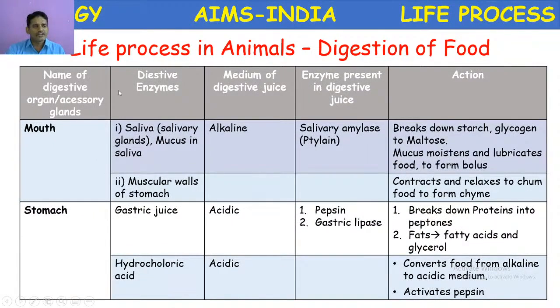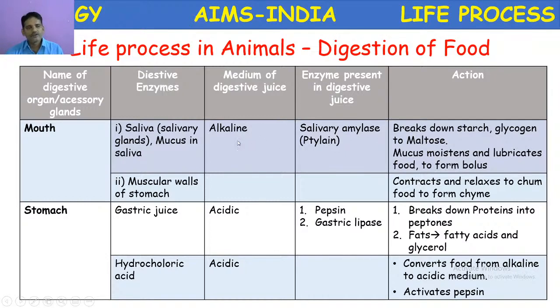Here one chart is given, which indicates a simple concept of digestion in different parts of our digestive system. Digestion begins in the mouth. Saliva is secreted by the salivary glands. The enzyme present in the saliva is salivary amylase. It is alkaline in nature, somewhat basic.